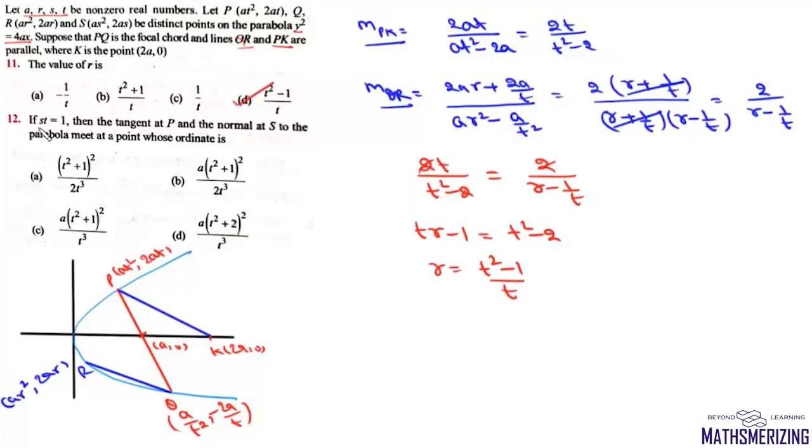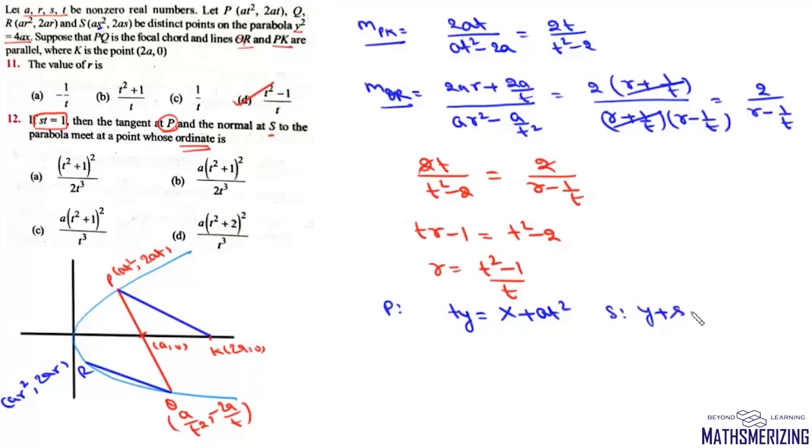Now the second question is, if s into t is 1, then the tangent at P and the normal at S to parabola meet at a point whose ordinate is. So now we'll write equation of tangent at point P. So equation of tangent at point P is given by ty equals x plus at square, and equation of normal at any point S, now for S its parameter is s.